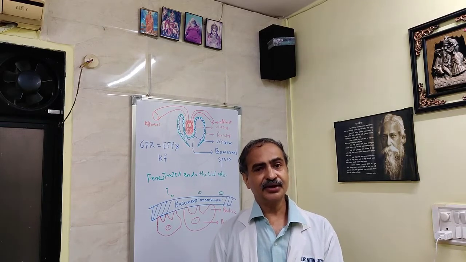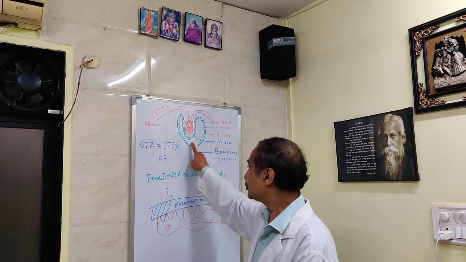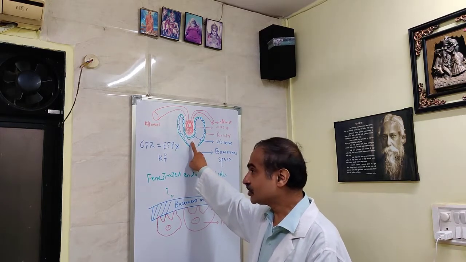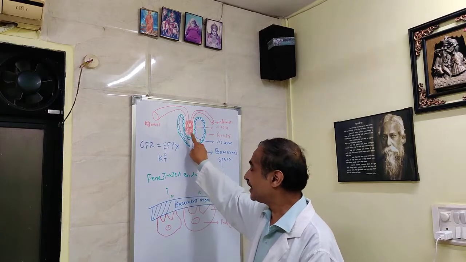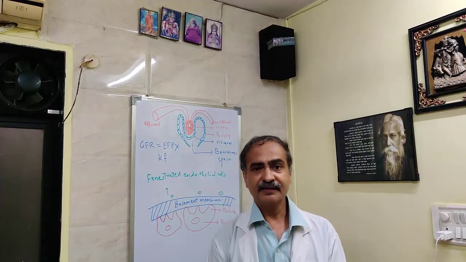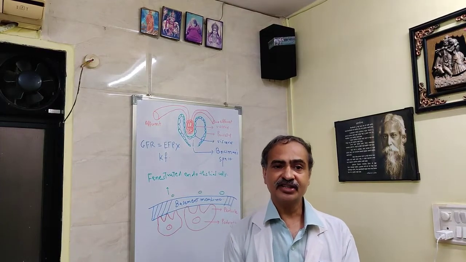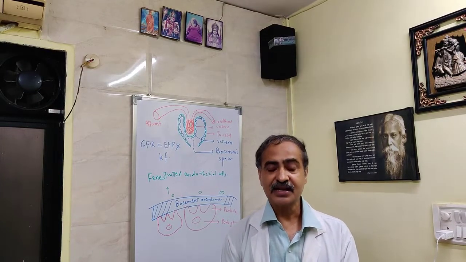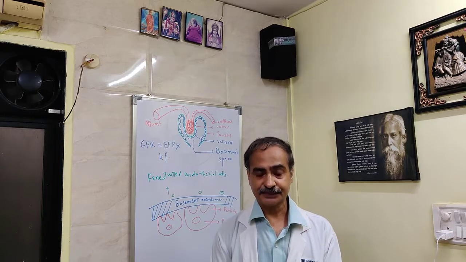It results in increased hydrostatic pressure in the glomerular space, which prevents filtration, and hence there will be decreased glomerular filtration rate. The other important factor is aging, which results in glomerular sclerosis, resulting in decreased glomerular filtration.